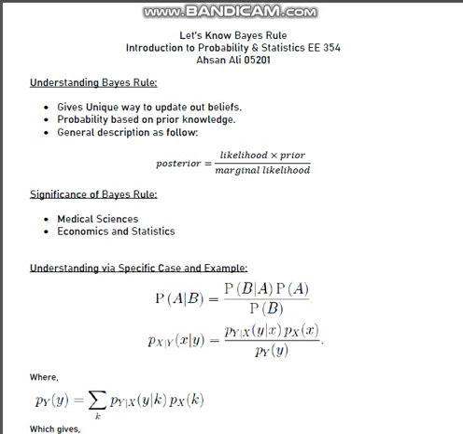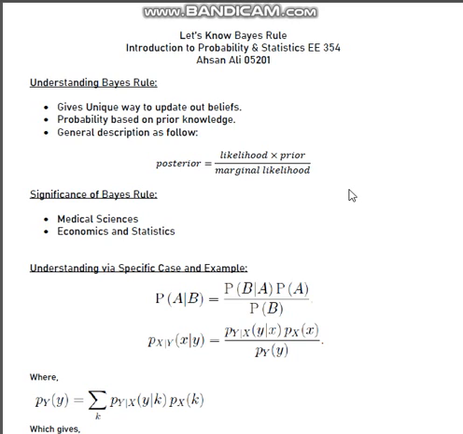This likelihood is then multiplied with the prior, which is basically the probability of our hypothesis, and is not conditioned on any other additional prior information. And this product is then divided by the marginal likelihood, which is basically the total probability of observing an evidence.